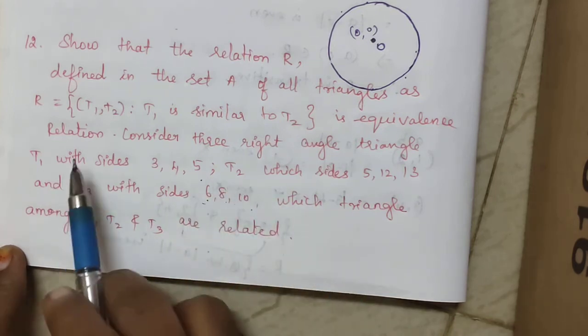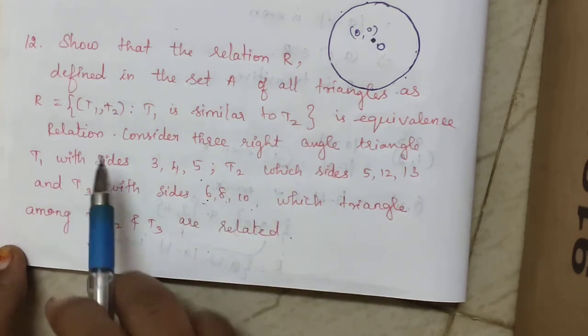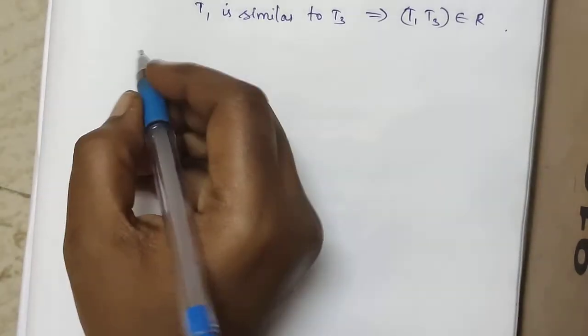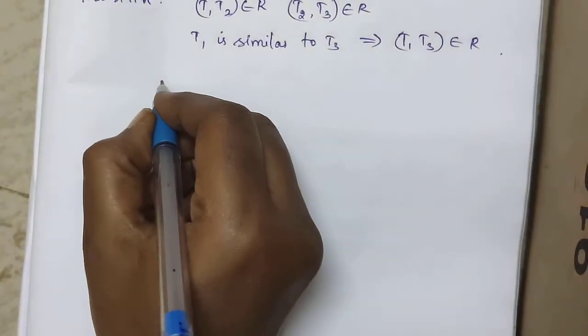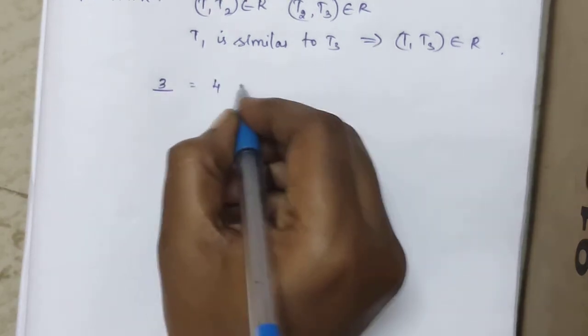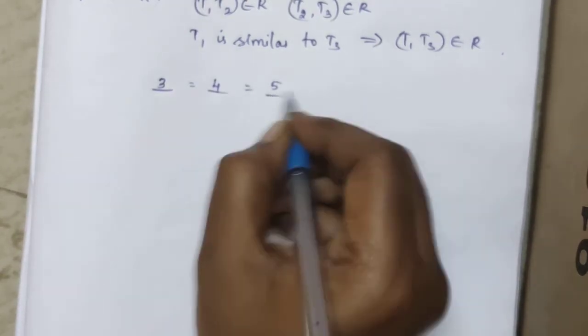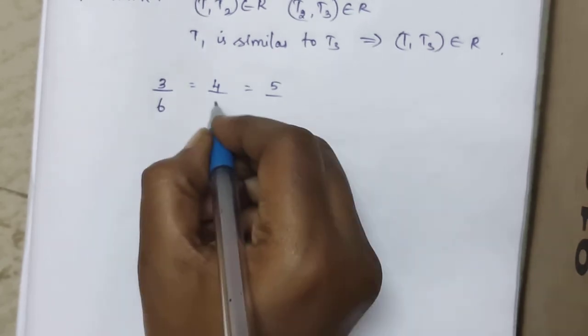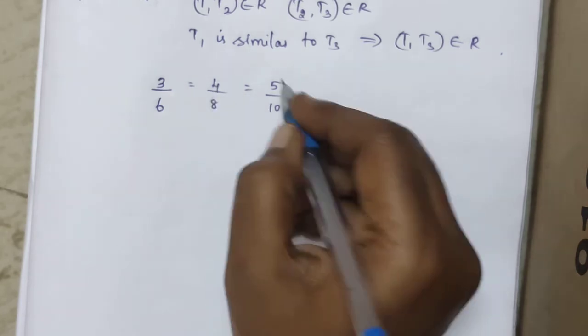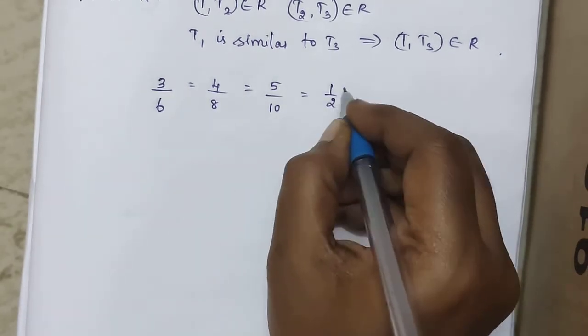No. Now compare T1 and T3. Write the proportionality: 3, 4, 5 and 6, 8, 10. The common ratio between these is 1 by 2.